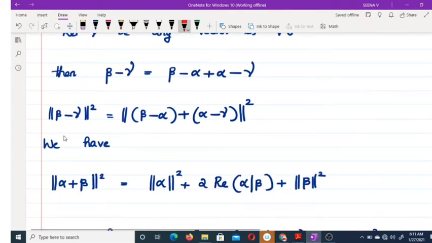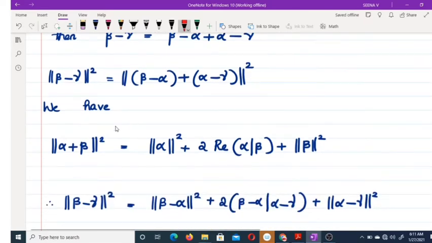Okay, so norm of beta minus gamma square is same as norm of beta minus alpha plus alpha minus gamma whole square. And we know that norm of alpha plus beta whole square is norm of alpha square plus 2 times real part of inner product of alpha and beta plus norm of beta square. So we apply this result here.